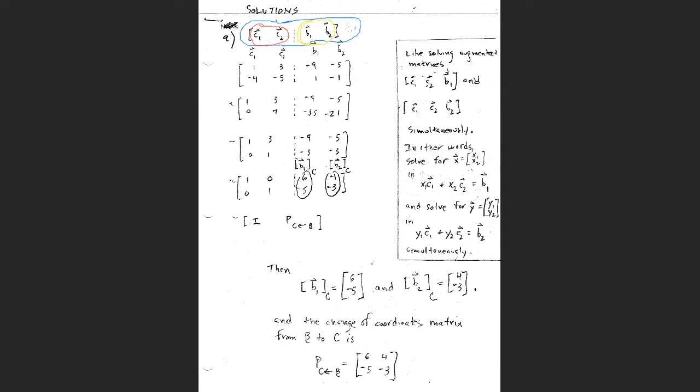I'm going to let you copy this whole part. I'm going to do row operations on the entire 2x4 matrix, and I'm going to keep doing row operations until the left-hand part of the matrix is an identity.